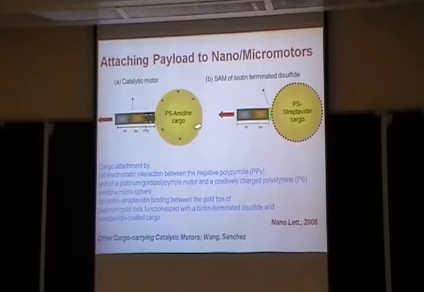I said hopefully because half the time it's a little askew, and then it starts rotating as you move forward. Or you can do a covalent linkage using biology, streptavidin-avidin linkages, and both of them work fine.